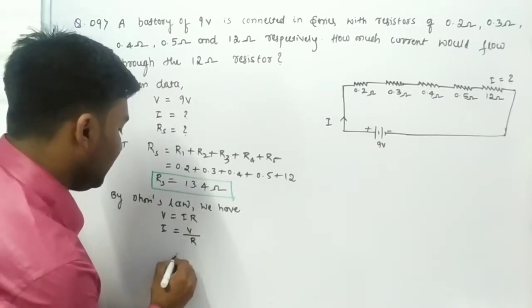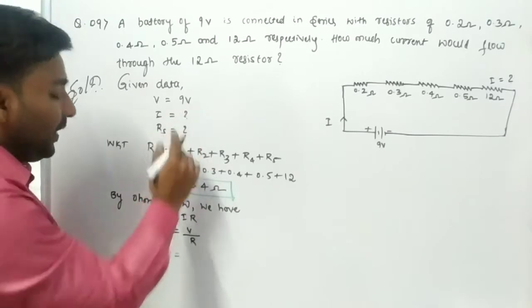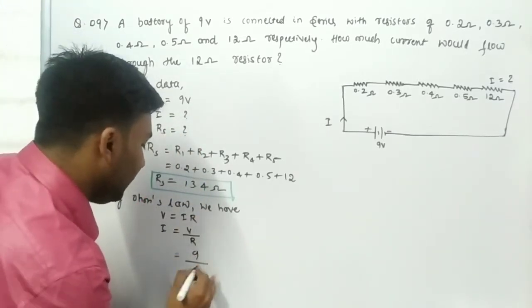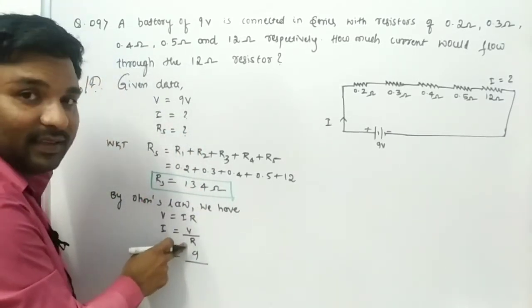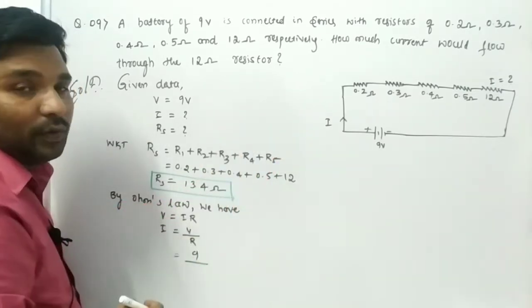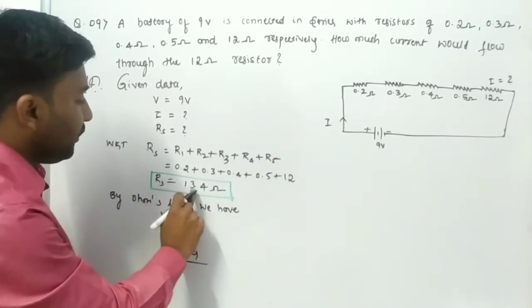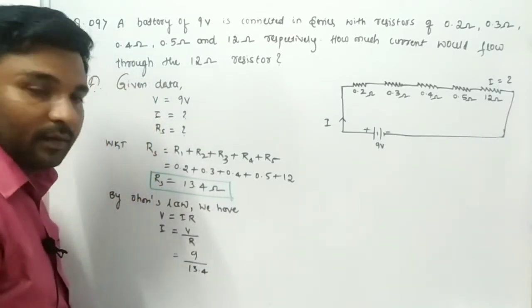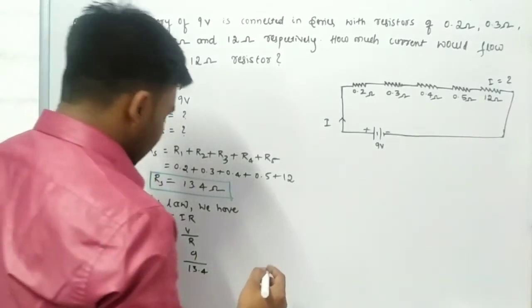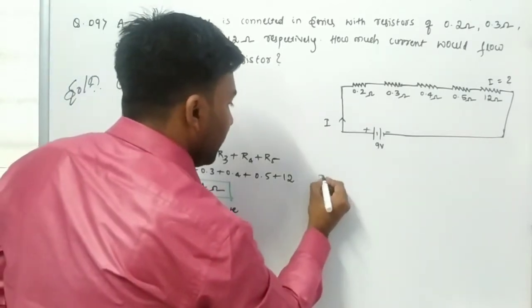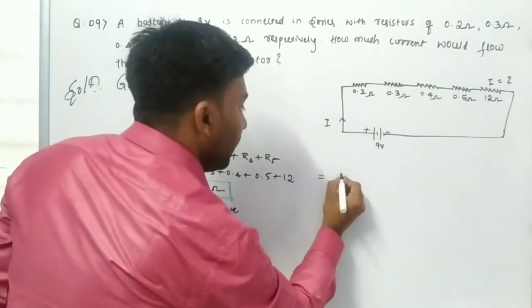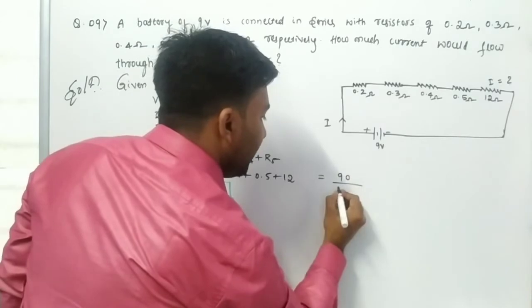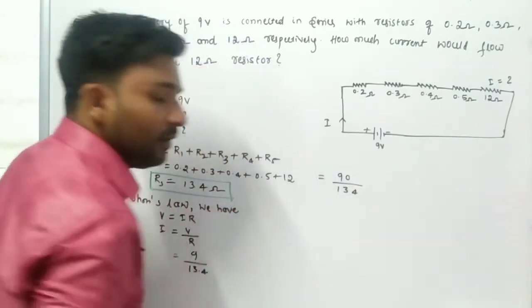Now this is equal to V, which is 9. Resistance, that is the equivalent or total resistance in the circuit, we have calculated as 13.4, right? Now this can be simplified: can I take this 90 divided by 134.